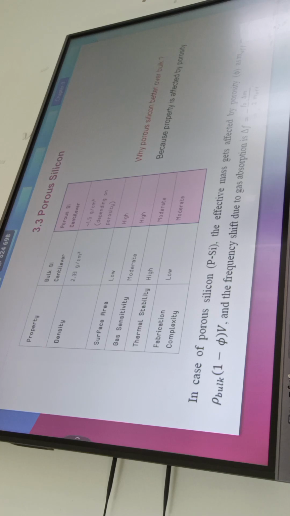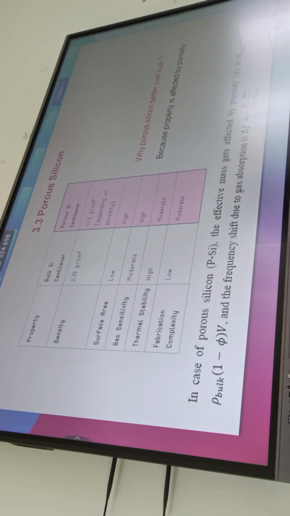For gas sensitivity, the bulk silicon shows moderate nature, while it shows high sensitivity in porous silicon. Then the thermal stability is high in case of bulk, and in porous it is moderate. And the fabrication complexity in bulk silicon is low as compared to the porous silicon.